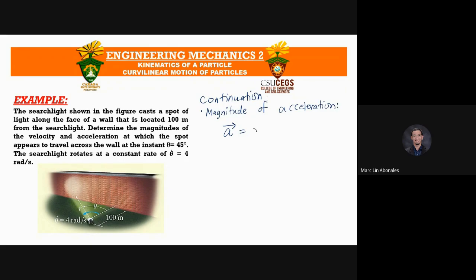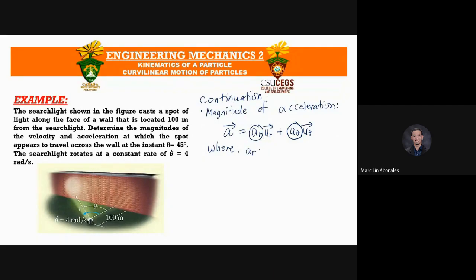So that is A_r times the unit vector u_r, so that is its radial component, plus A theta times the unit vector u theta. So that is describing the transverse component, where these two are the radial and transverse components of your acceleration.